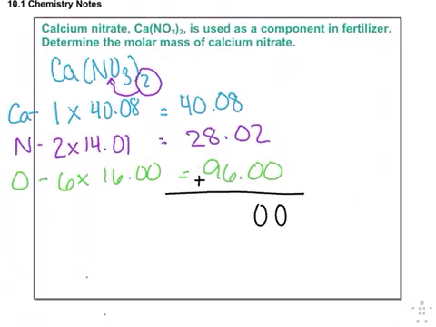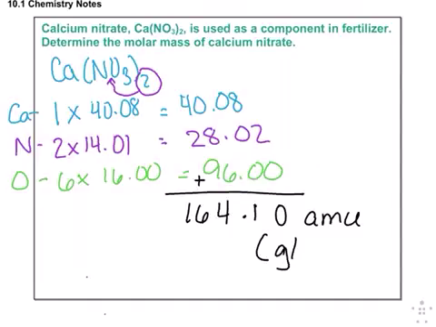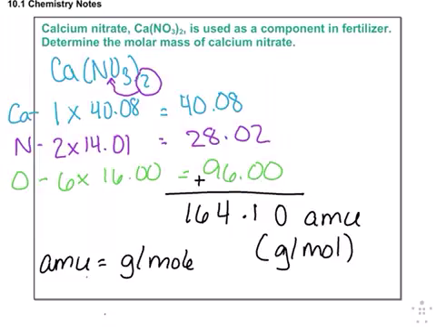Oops, that's a 1, isn't it? 164.1. Okay. And then you put the unit on it, AMU, or if you're feeling fancy, you can write grams per mole. It will become very beneficial for you to know that AMU and grams per mole are interchangeable. Okay?